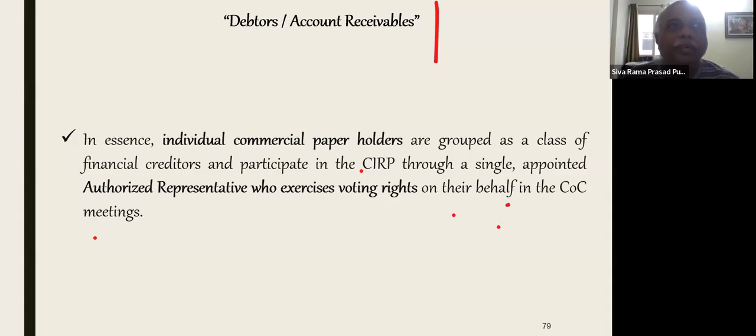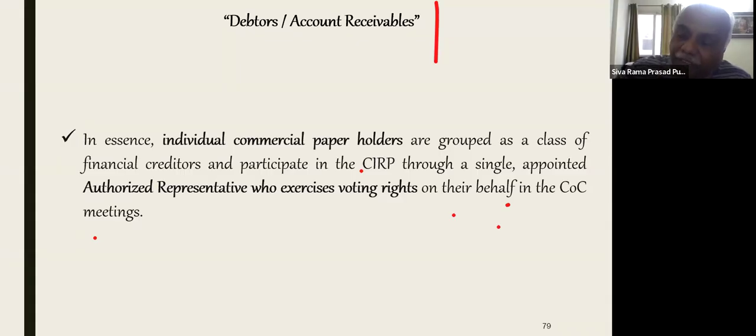Bankers have crores of rupees, they are giving money to the corporate debtor. That's why their voting rate is 20 or 30. But for each and every commercial paper, we will give the voting rate percentage. It may be 1% or 0.5% or 0.25%, etc.